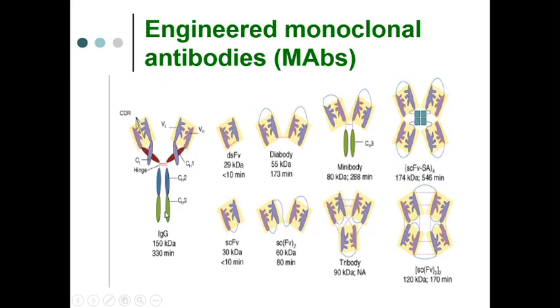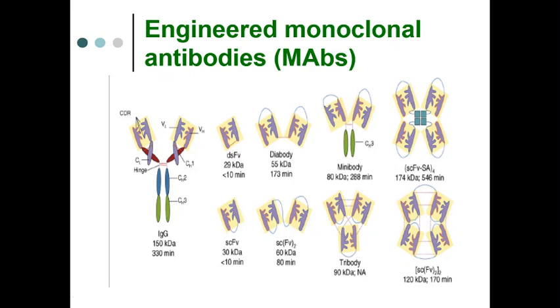See, the original monoclonal antibody has a half-life of 330 minutes, but only the fragment of variable region has a half-life of 10 minutes. One can have a monoclonal antibody like this, especially engineered, and the FAB fragments can be linked together by a special protein chain.